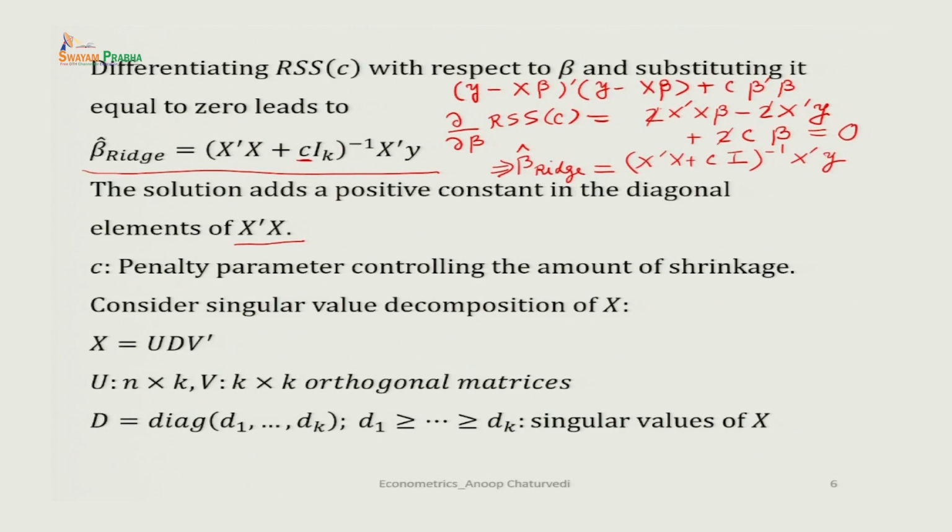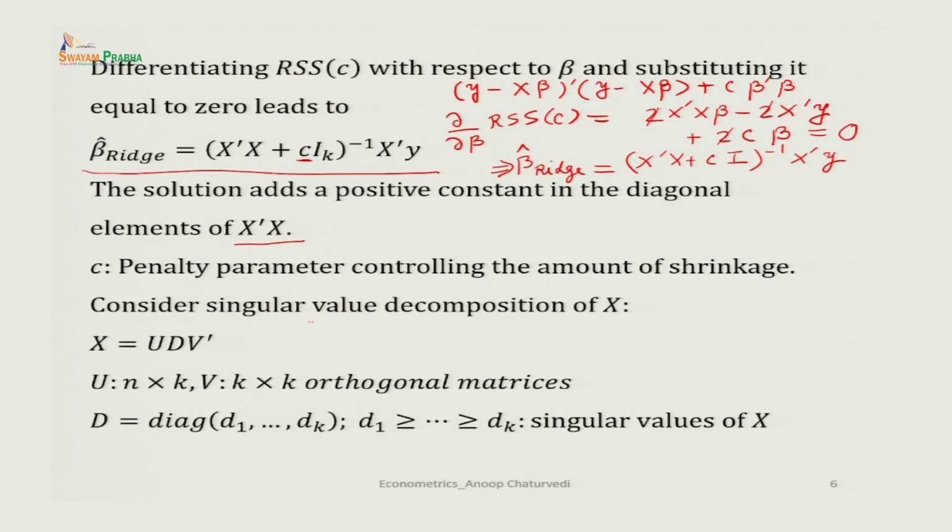If C is equal to 0, then you get the OLS estimator, there is no shrinkage, and if you keep on increasing the value of C, then the shrinkage increases. So, C controls the amount of shrinkage.